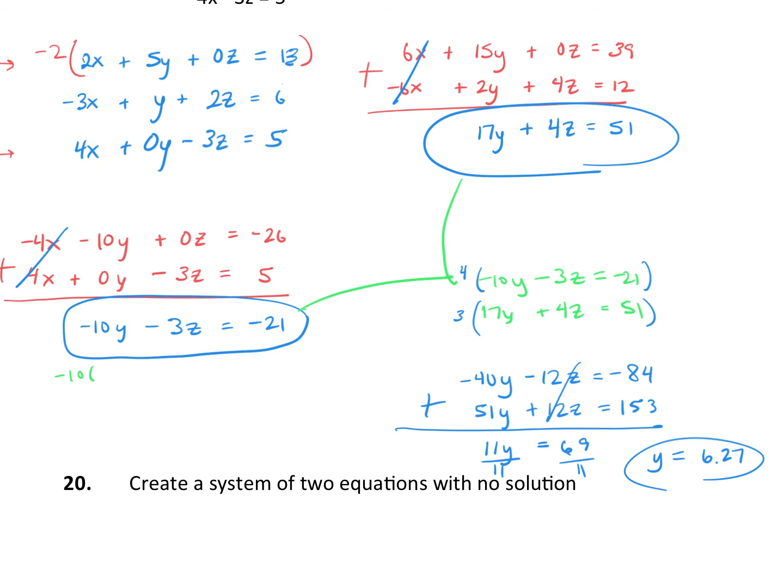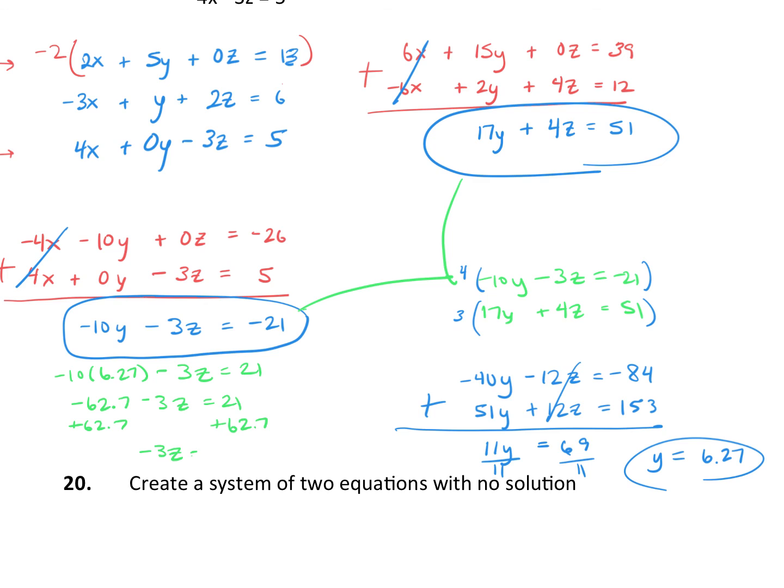So negative 10 times 6.27 minus 3z equals 21. Let's figure out what negative 10 times 6.27 is. It's going to be a negative 62.7 minus 3z equals 21. We'll add 62.7 to both sides.